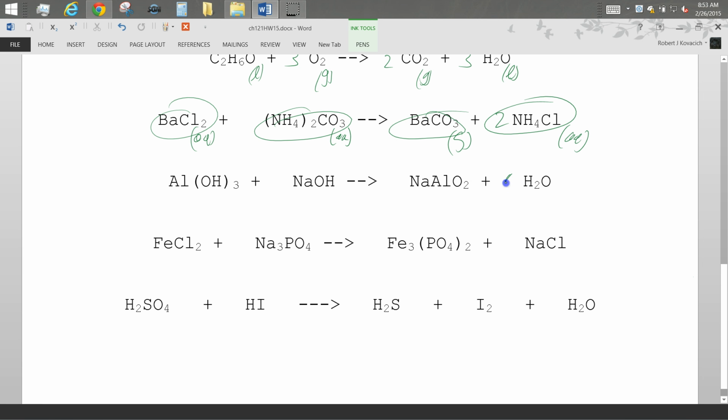So if I put a 2 right here, my hydrogens are balanced. Oh, is that really it? 4 hydrogens on the left, 4 hydrogens on the right, 4 oxygens on the left, 4 oxygens on the right, 1 sodium, 1 aluminum. Oh, that one was really easy. Okay.